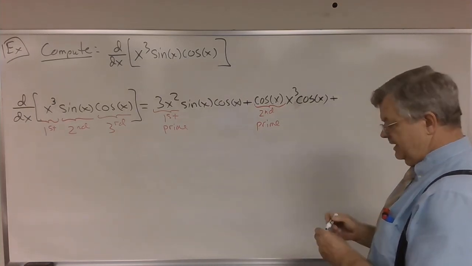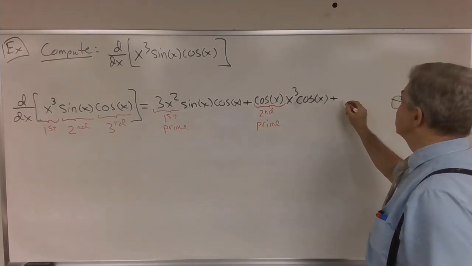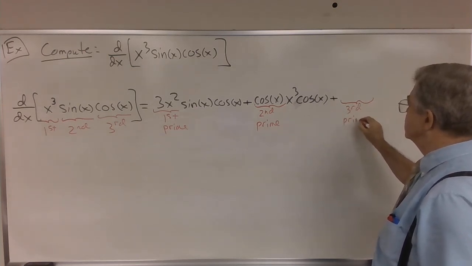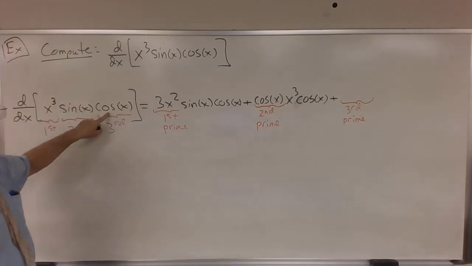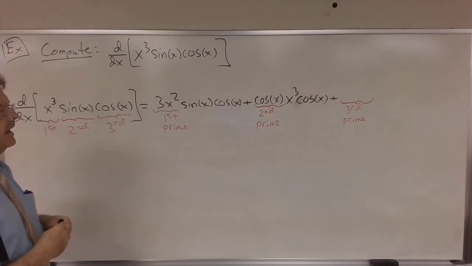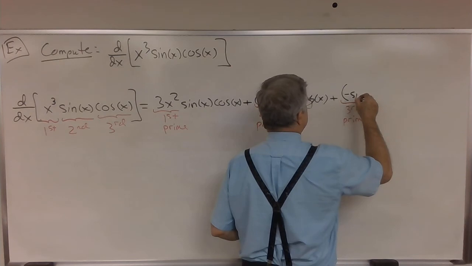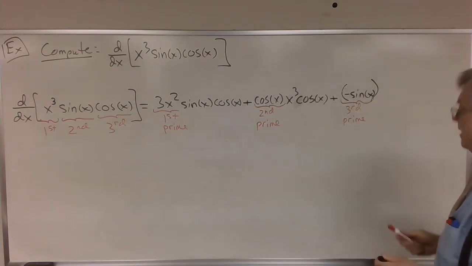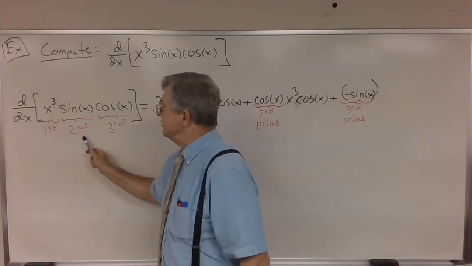And then finally, third prime times everything else. So the third prime is, let's see, derivative of cosine, what is that? Negative sine. So let's see, negative sine of x, there's my third prime, times everything else.